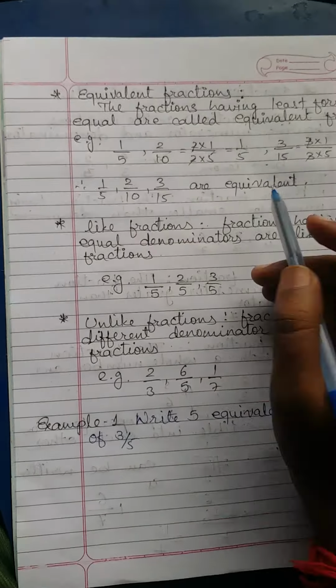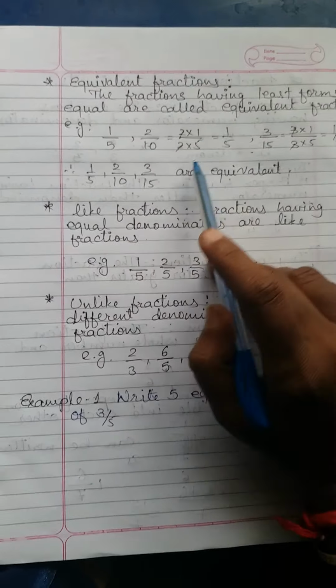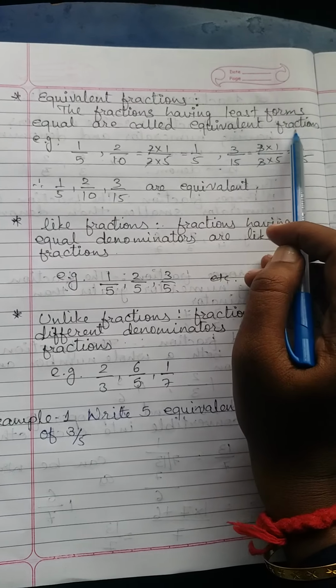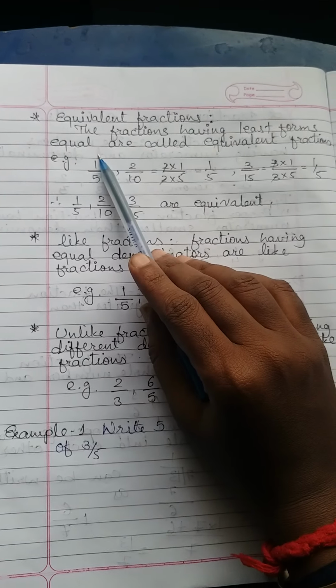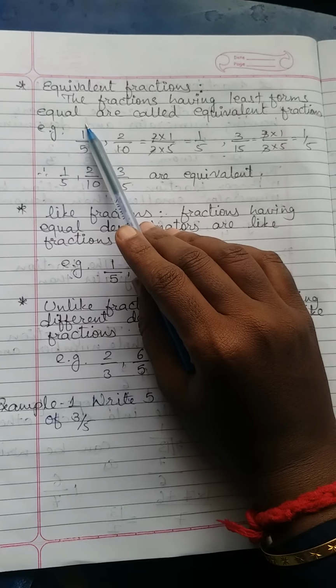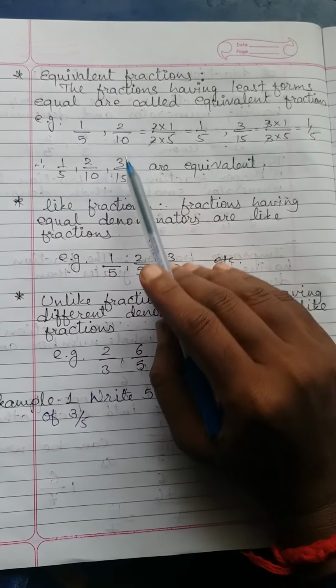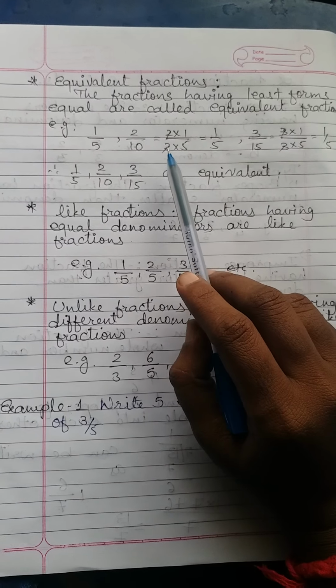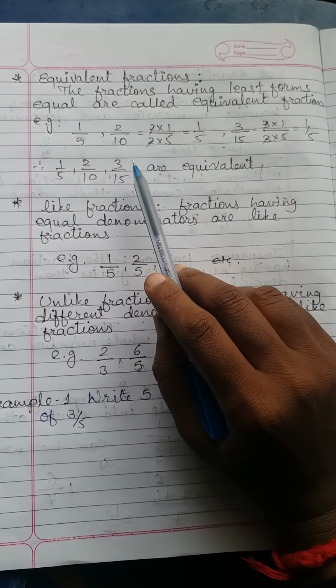Another type is equivalent fraction. What are equivalent fractions? The fractions having least forms equal. Whatever fractions you have been given, if all have the least form, that is lowest form, equal, they are called equivalent fractions.